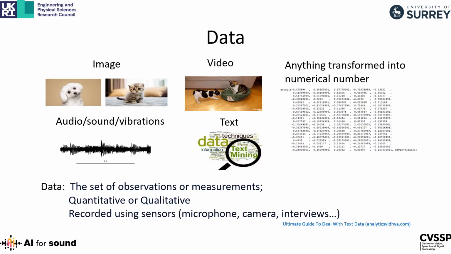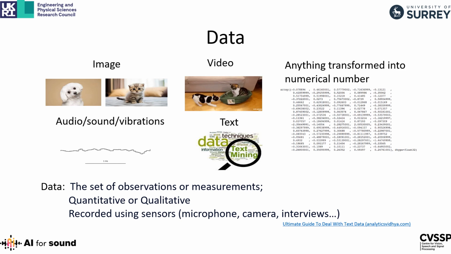So what actually is data? If we look at our surroundings, we have an abundance of information. We can hear, we can listen, and there is something in the form of text and numerical form. All these things which can make some sense, which can give some information, are data.